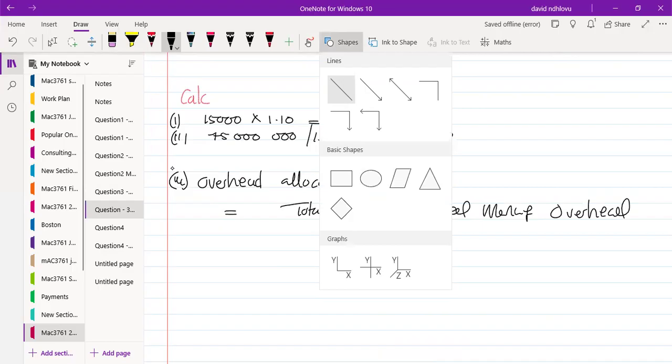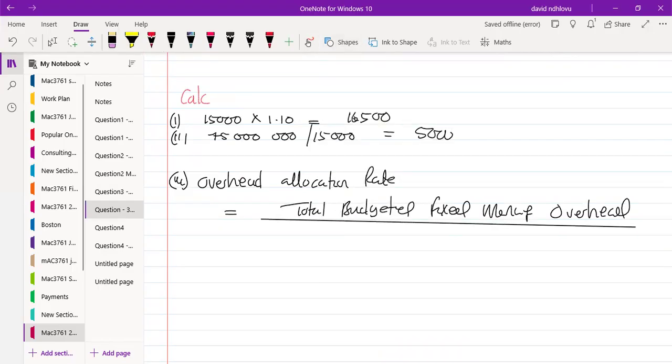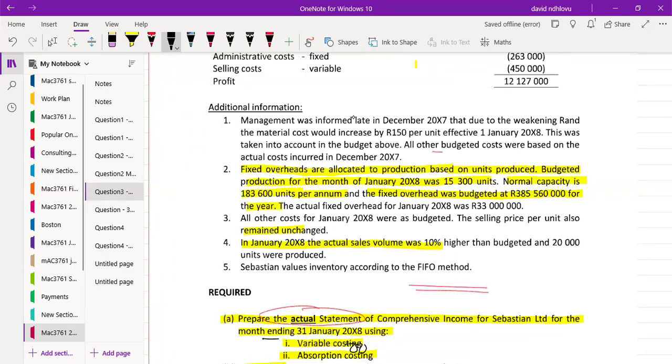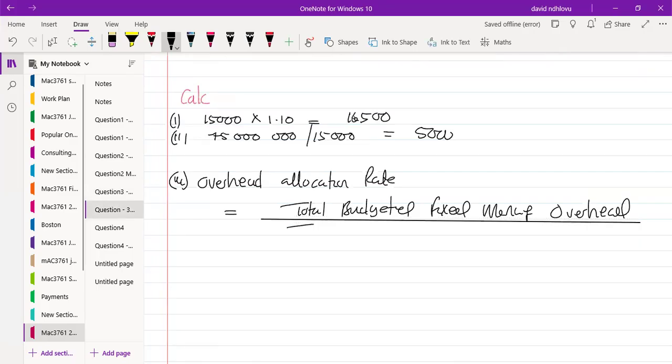Then we divide that by our output. And in this instance, if you read through, they gave us our normal capacity. These are the number of units that we normally produce. So therefore, we then divide that by total budgeted normal capacity, which is basically our normal output.